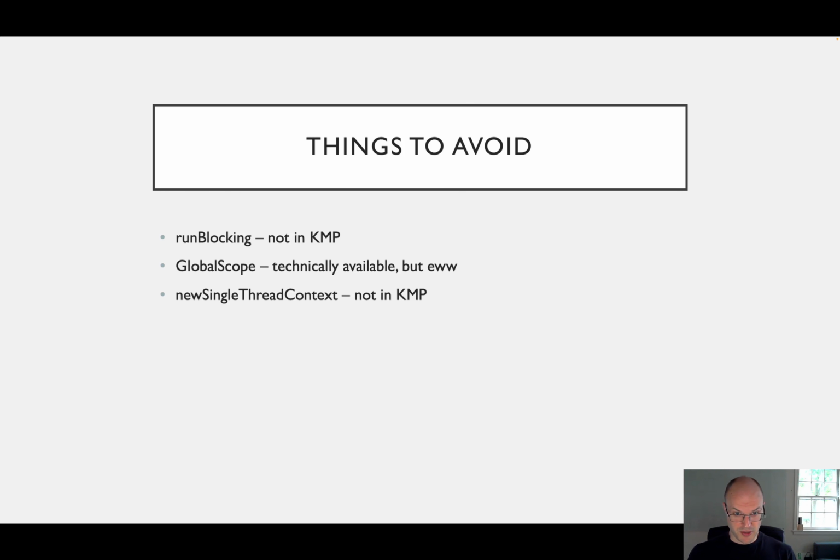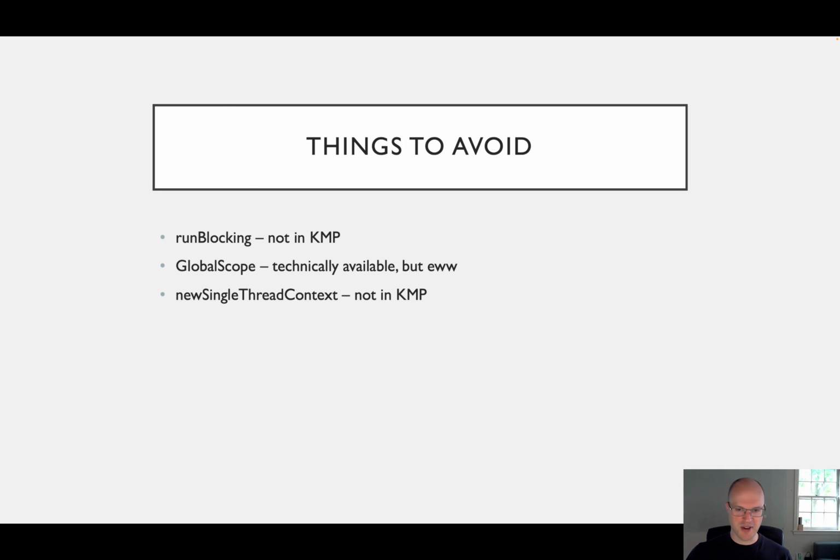There's also a thing called newSingleThreadContext. This is interesting. It's essentially a way to get a dispatcher that always dispatches to a specific thread, not necessarily the main thread, which is interesting. Not available in Kotlin Multiplatform. I think this is actually okay though. Practically, I think where most people use this is where they want to not think about multi-threading.